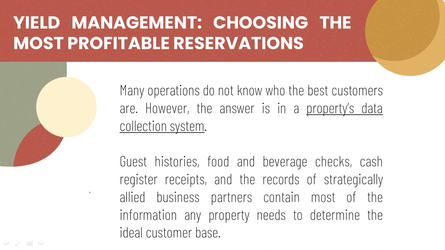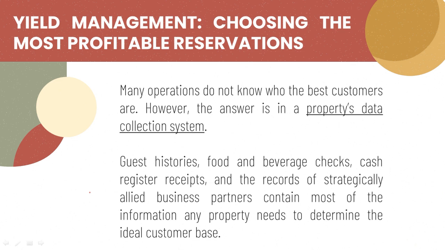So many operations do not know who the best customers are. However, the answer is in a property's data collection system. So ano ba yung nakapaloob sa properties data collection system ng isang hotel? Dito pwedeng nakapaloob yung tinatawag na guest histories, mga food and beverage checks, cash register receipts, and the records of strategically allied business partners.